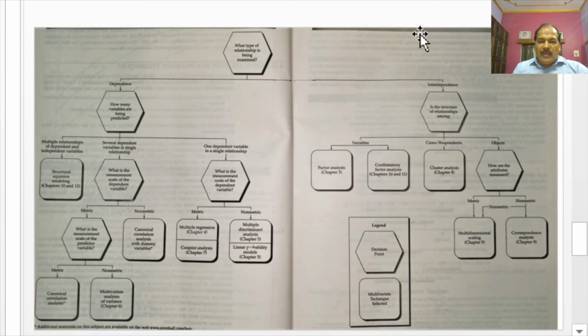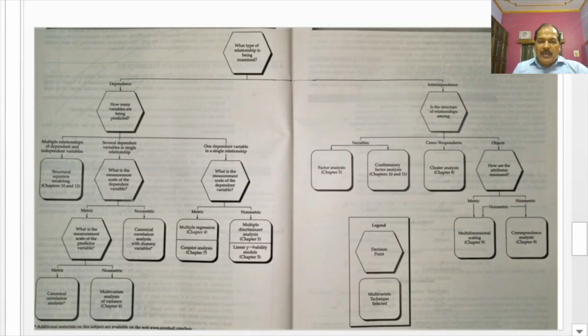So unless our test qualifies all the screening tests of multivariate statistics, it is not advisable to go for multivariate statistics.